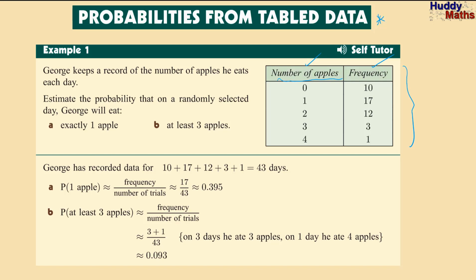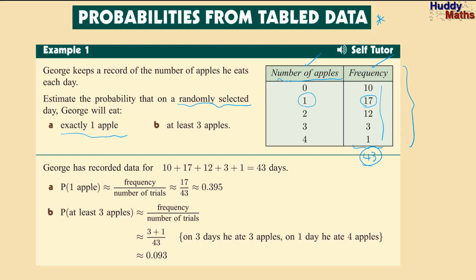And what's the probability on a randomly selected day George will eat exactly 1 apple? Well, from the records he's made of the experimenters eating apples, if you like, he ate 1 apple a day on 17 days out of the total. Well, we better add these up here. Adding this column up, we get 43.